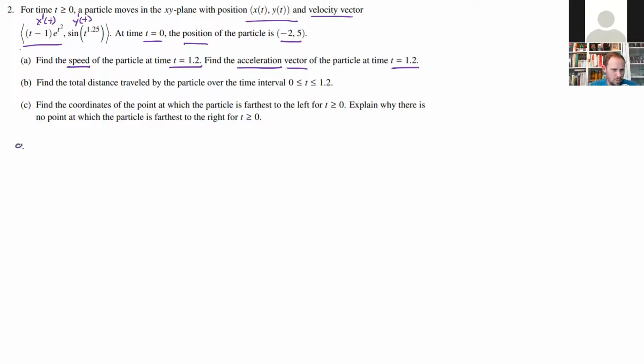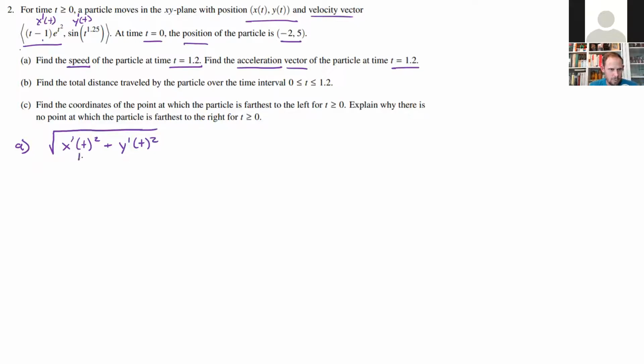All right, so there's 2 different parts of this question. I don't know, they probably should have just made this A and B, but whatever. So the speed is, remember, the square root of x prime of t squared plus y prime of t squared. It's basically just the Pythagorean theorem with those 2 things.